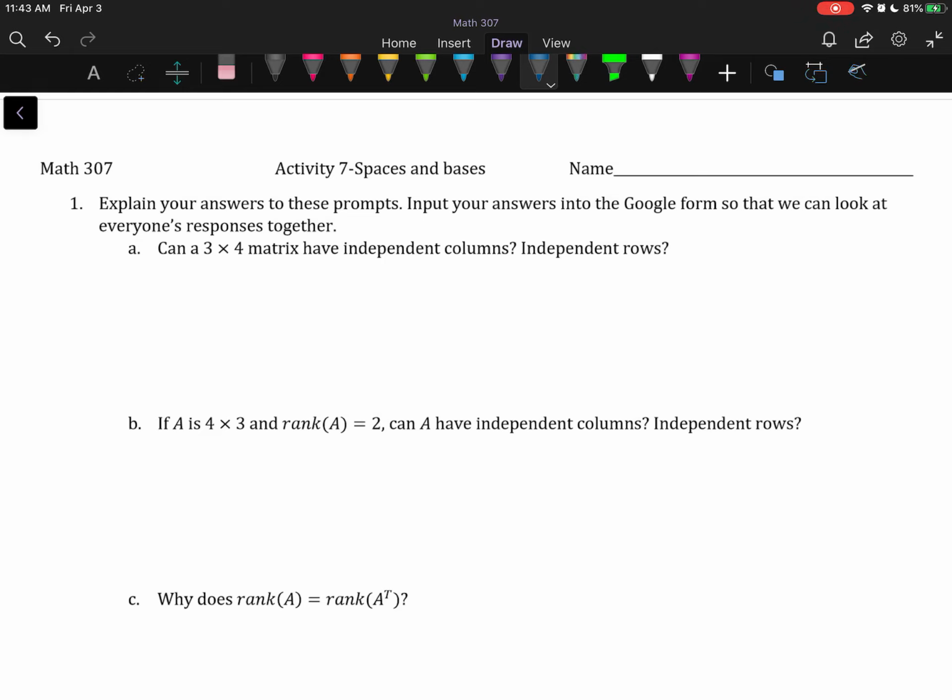1A, can a 3 by 4 matrix have independent columns and independent rows? Okay, so 3 by 4 means that we've got 3 rows, 4 columns, maximum 3 pivots.